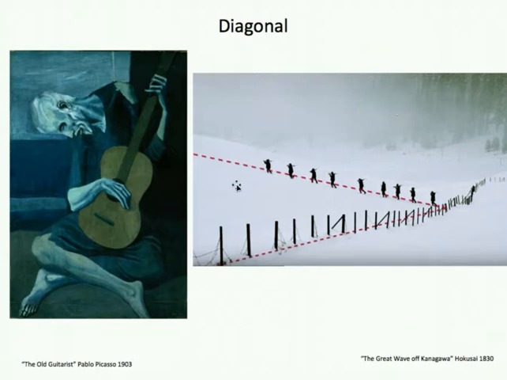Notice how in this picture, the posts of this fence create a diagonal, but so do the hikers here. If we look at this painting by Picasso, we can see how one hand along with the neck of this guitar leads us to this other hand, and then this hand leads us to the foot.